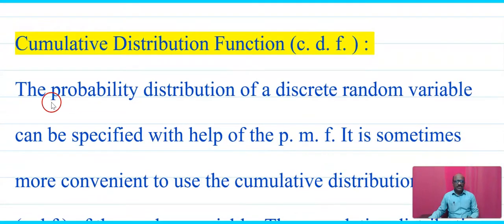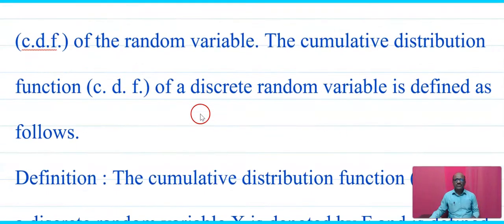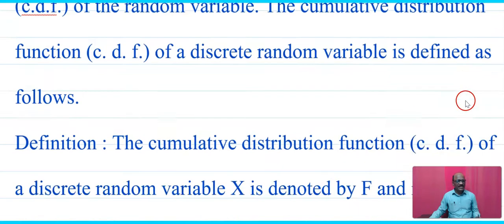Next, cumulative distribution. The probability distribution of a discrete random variable can be specified with the help of the PMF. If it is continuous, it is sometimes more convenient to use the cumulative distribution function, that is the CDF, of the random variable. The cumulative distribution function, that is the CDF, of a discrete random variable is defined as follows.